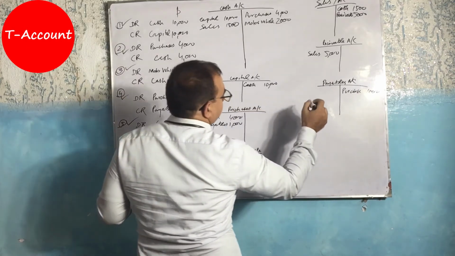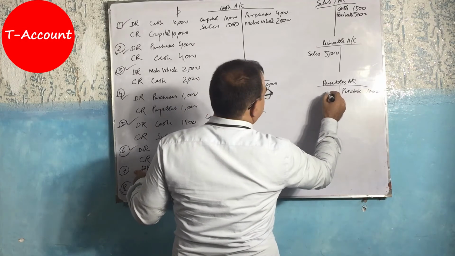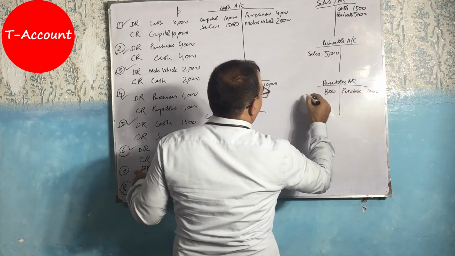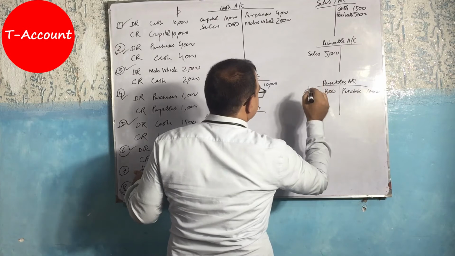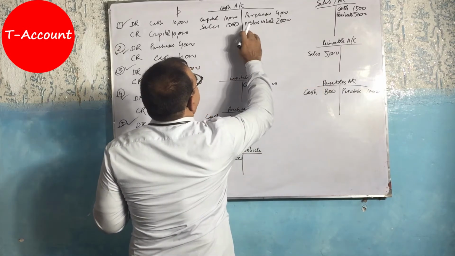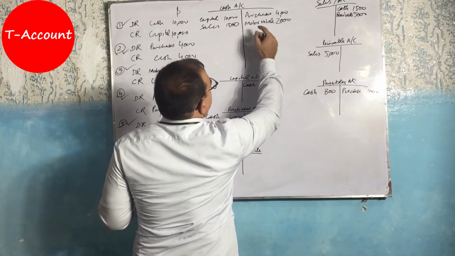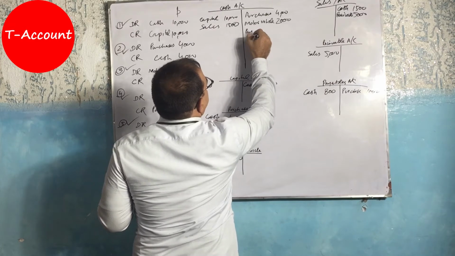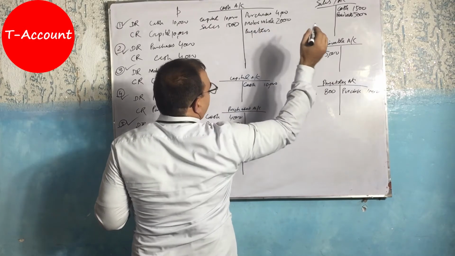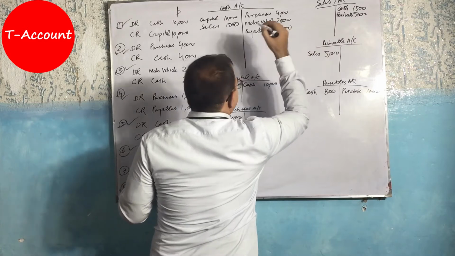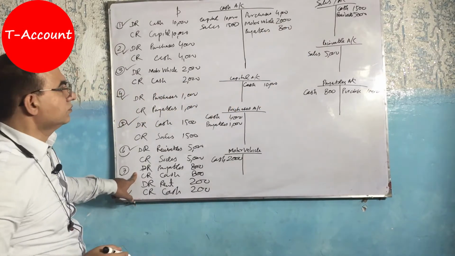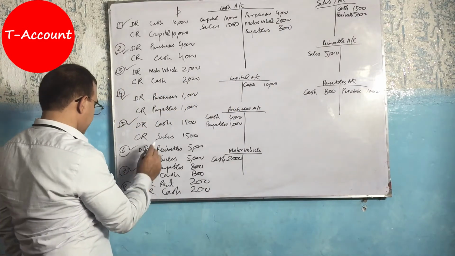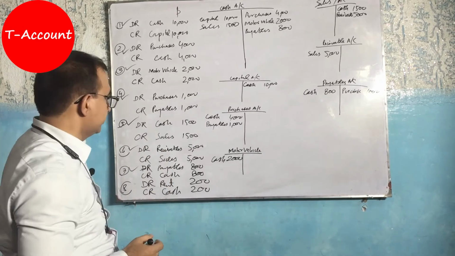Payables are reducing because we are paying them. How much? 800. What are we paying them? Cash. Cash is reducing now because we paid the payables. How much? 800. Entry posted.